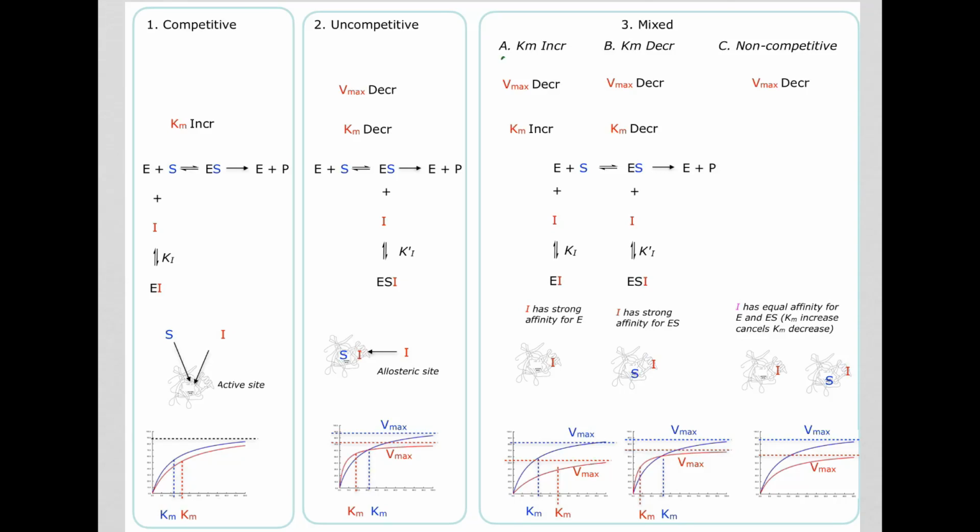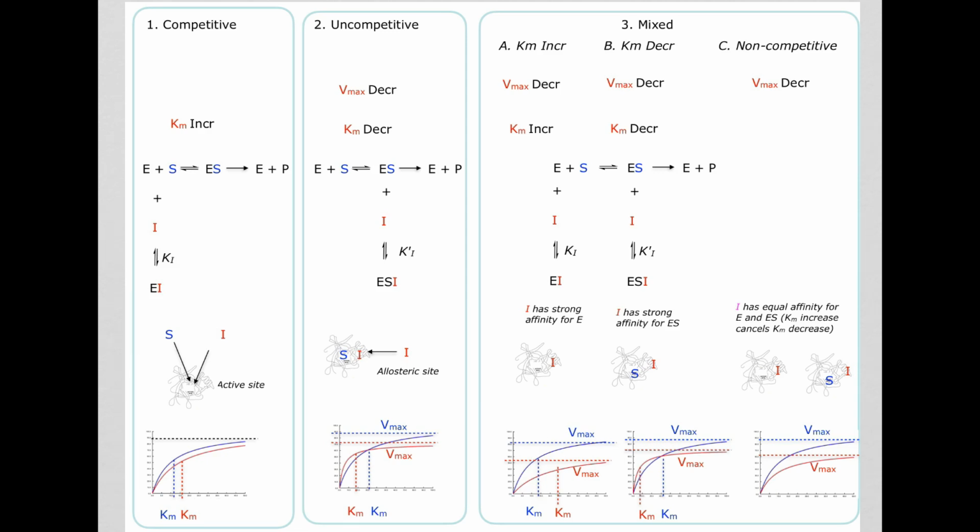In the first case, the Km is increased, and you can see the Km increases in the presence of inhibitor. In the second case, Km is decreased, and you can see the Km going down in the presence of the inhibitor. And in the third case, there is no effect on the Km. So the Km remains the same.